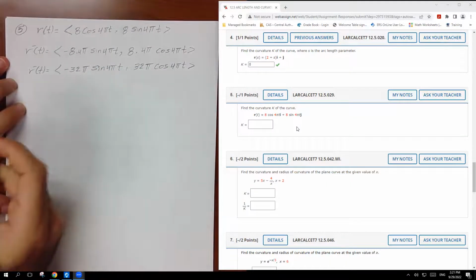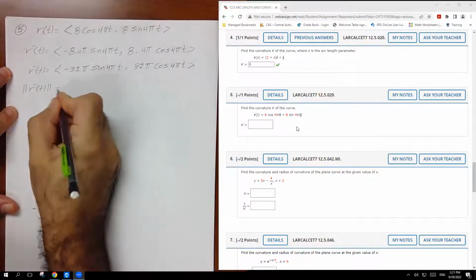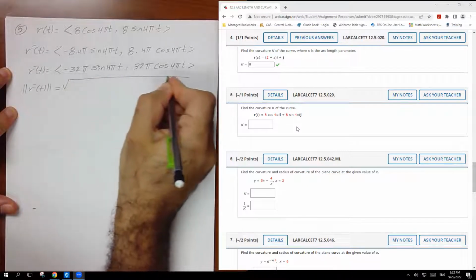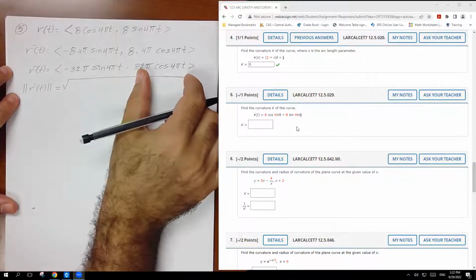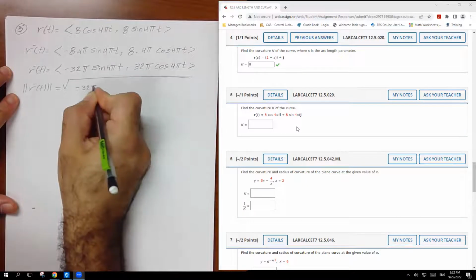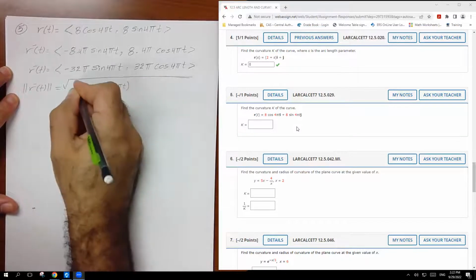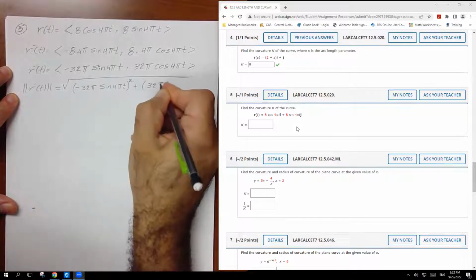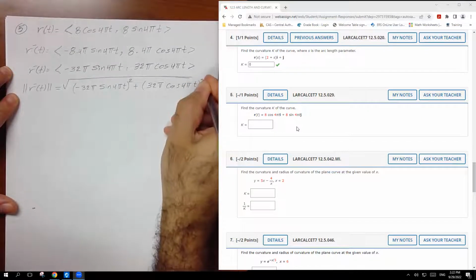This is the next step. We're going to find the length of r prime, which is going to be the square root of, and I have to be careful here, this one squared plus this one squared. So it's going to be negative 32 pi sine 4 pi t squared plus 32 pi cosine 4 pi t squared.